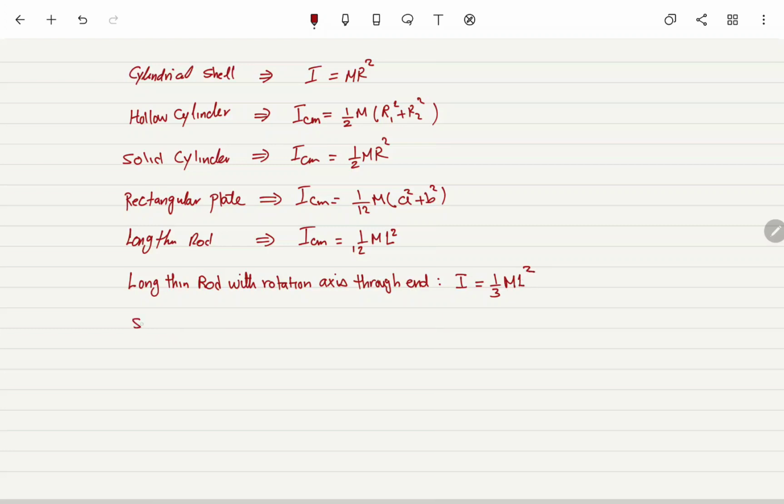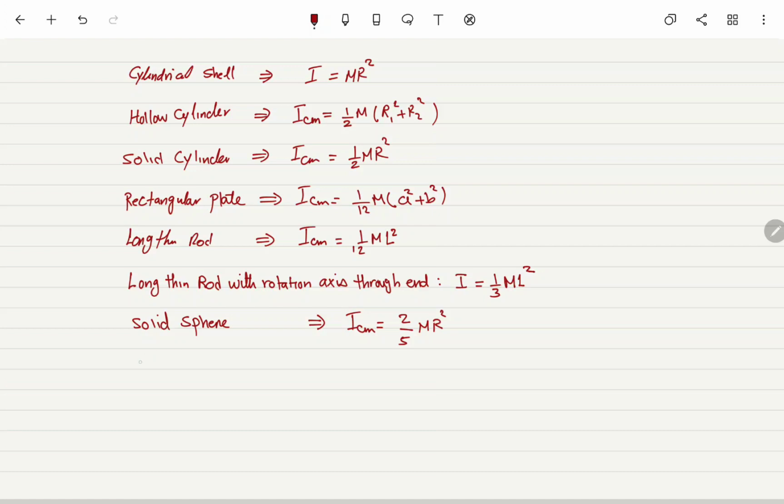For a solid sphere, the moment of inertia about its center is equal to 2 over 5 m r square.